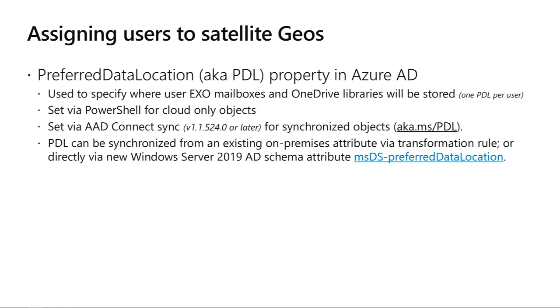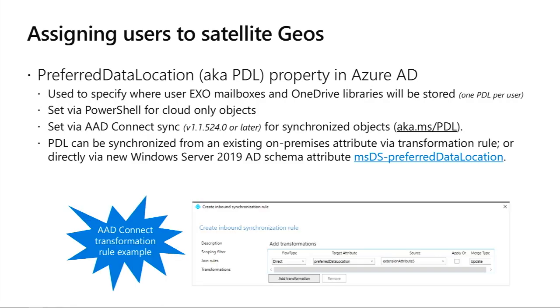We actually ran out of custom attributes with Microsoft, so we decided it made a lot of sense to add this to the official schema so that not just us, but everybody else can use it. The version of AD Connect you need or later is listed there. I believe that version was released in like May of 2017, so you'd have to have a pretty old version to not be able to use Multi-Geo.